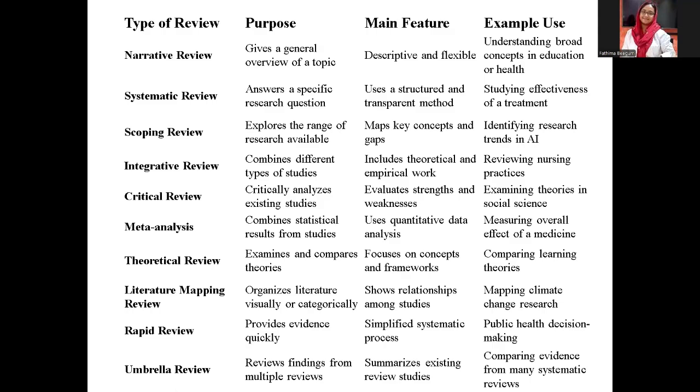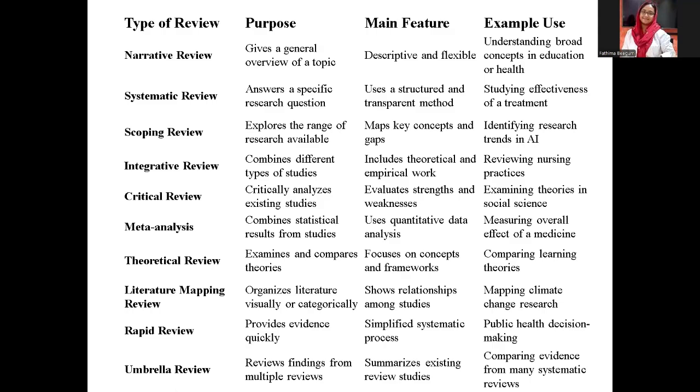It critically analyzes already existing studies and aims to find out their strengths and weaknesses. Narrative review is descriptive and flexible, but a critical review evaluates the strengths of a particular study, ABC, and also its limitations. That is known as critical review.